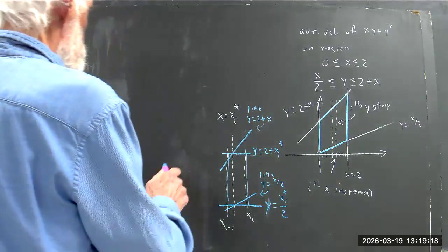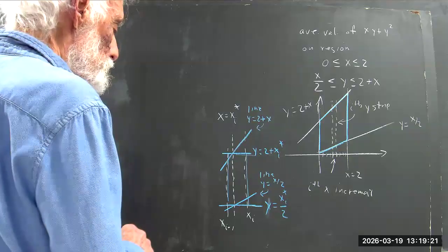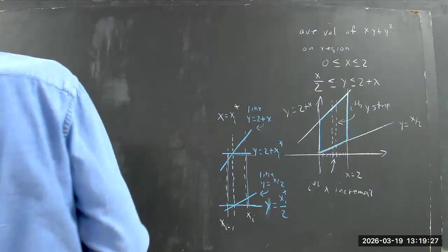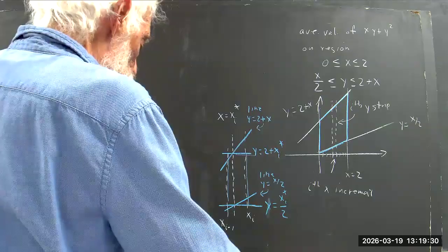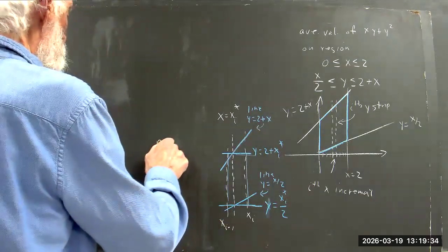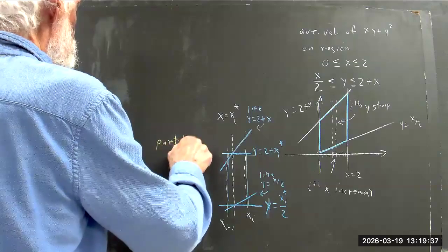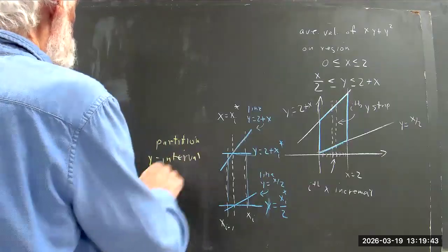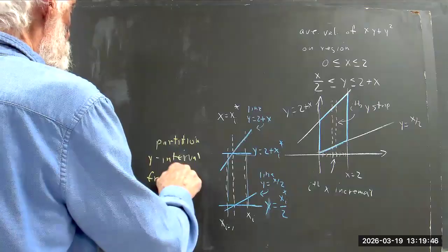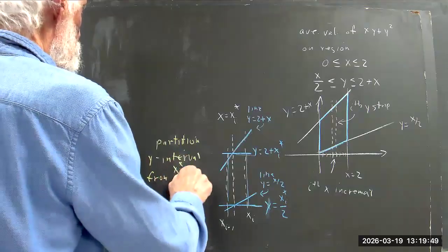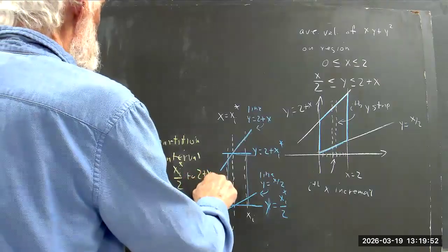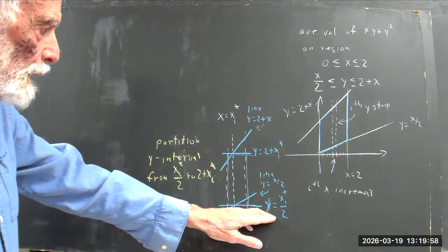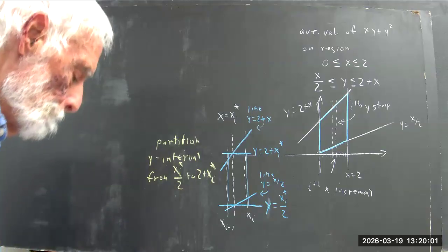So we partition the y interval from x sub i star over 2 to 2 plus x sub i star.